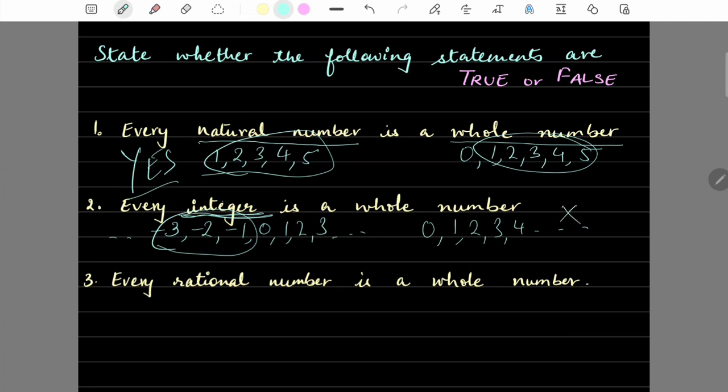So every integer is not a whole number. False. Every rational number is a whole number. We have done so many rational numbers now, so let us say 23 over 30, which we recently did. Is that a whole number? No, it's not. So it's a false statement.